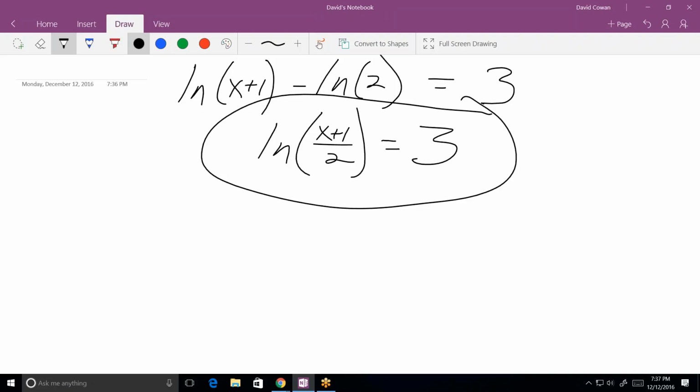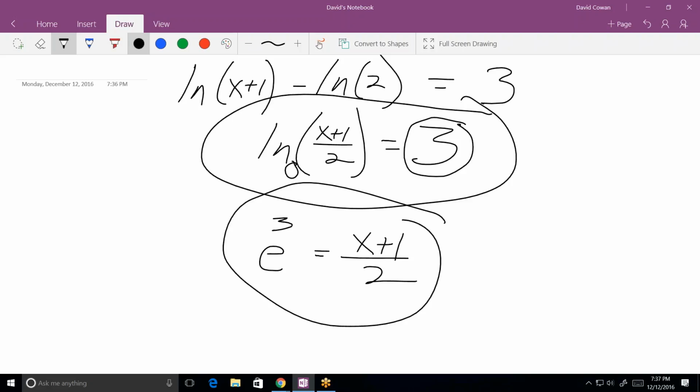The way I always do it, if my log function is on the left, then I take the base raised to this power equals whatever's in the middle. What's the base for natural log? e. So it's e to the third equals (x plus 1) over 2. And then you just have to solve that for x.